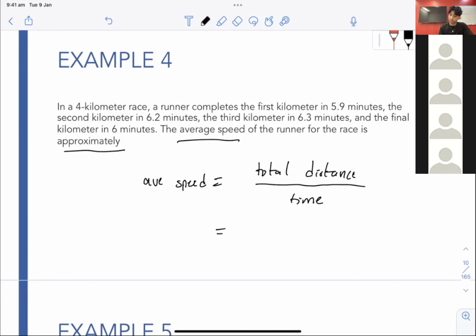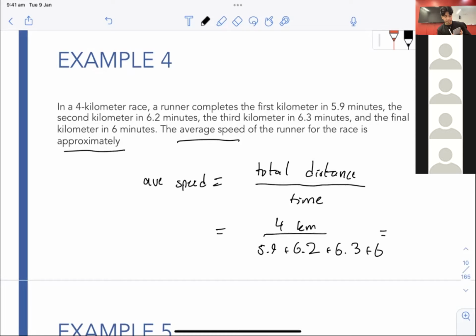The first portion, the first kilometer, is very simply going to be 4 portions of 1 kilometer, so we can put the total distance being 4 kilometers. And we have the total time, which is going to be 5.9 minutes plus 6.2 minutes plus 6.3 minutes, and the final kilometer in 6 minutes.